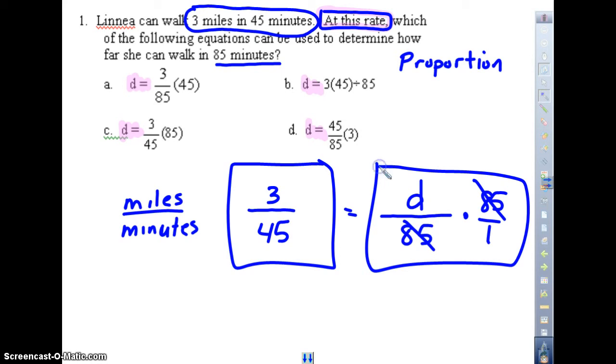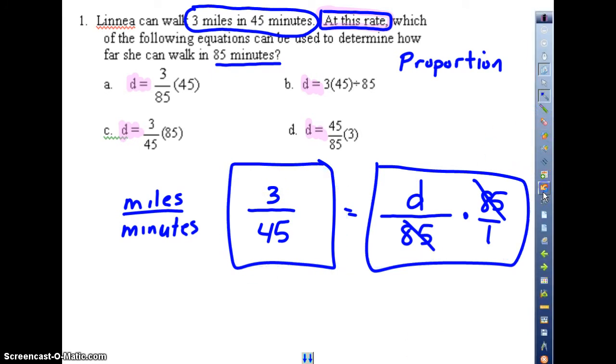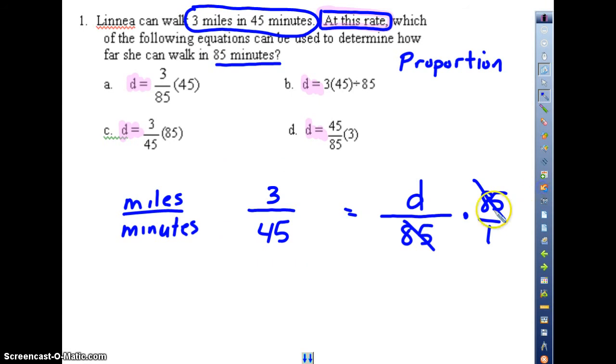And if you're going to multiply this side by 85 bricks, you better multiply this side by 85 bricks, or 85 of whatever it is you're multiplying by. So if I multiply this side by 85, guess what you have to do over here to keep the whole equation balanced? You have to multiply it by 85 also.